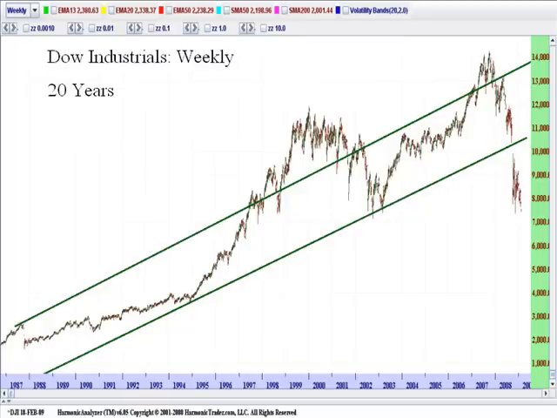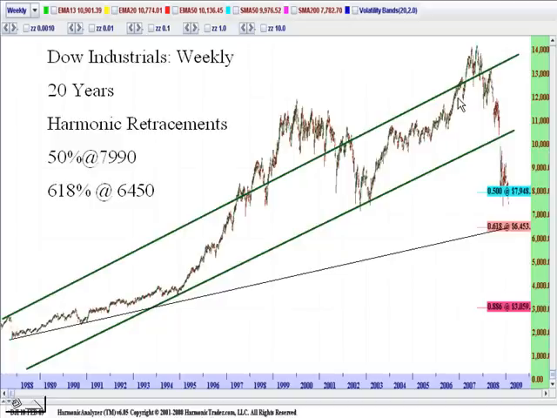And this is what I was really emphasizing on Saturday. If we took away the price axis and the time axis, and I was just looking at this structurally, there's really not much here other than one of two scenarios.